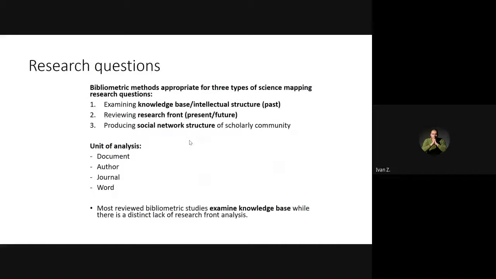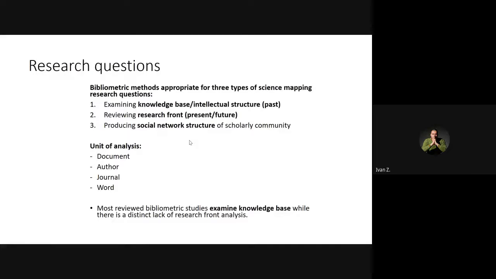Bibliometric methods are appropriate for 3 general kinds of questions. If you want to examine the intellectual structure of the literature, so the past; if you want to review the research front, which is the present, so the topics of current research; and if you want to produce some kind of social network structure of a scholarly community.